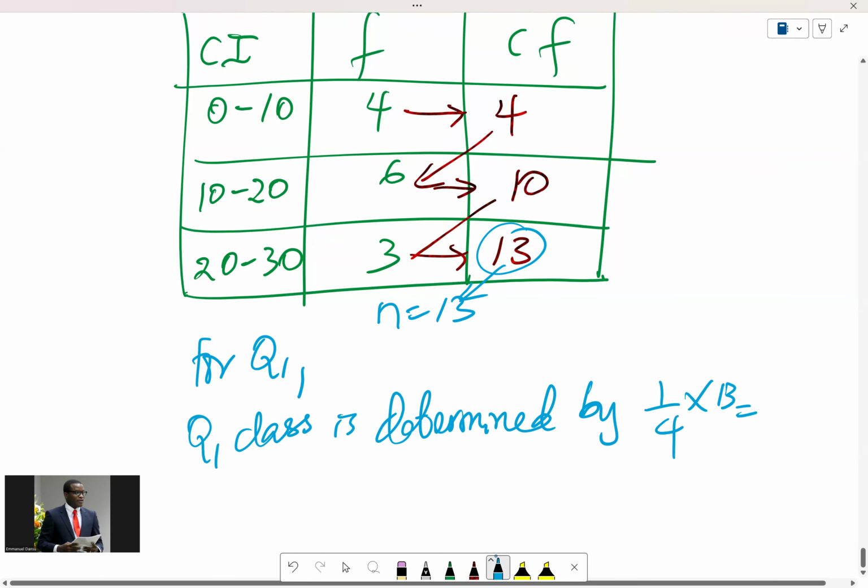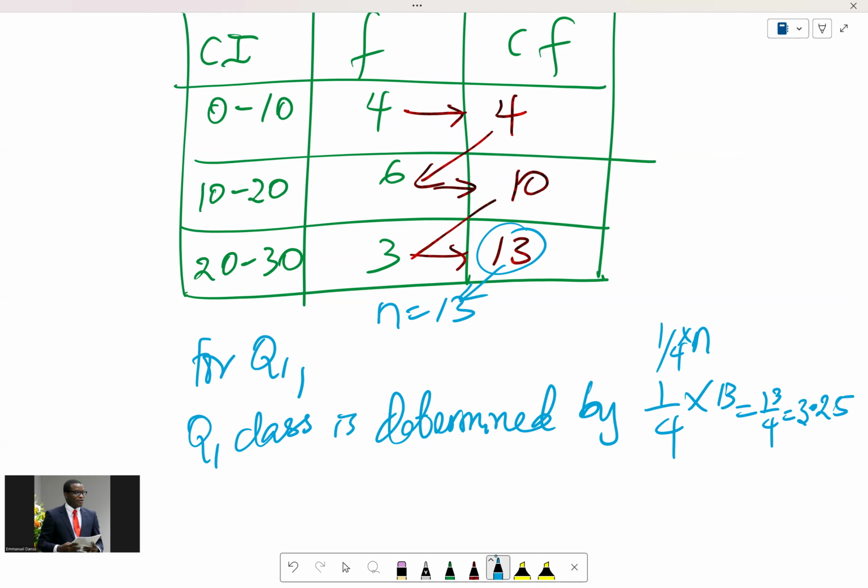That's 13 divided by 4, which is 3.25. This is 1 over 4 times n. So the question is, where does the cumulative frequency of 3.25 lie?